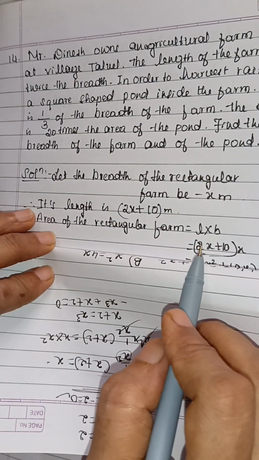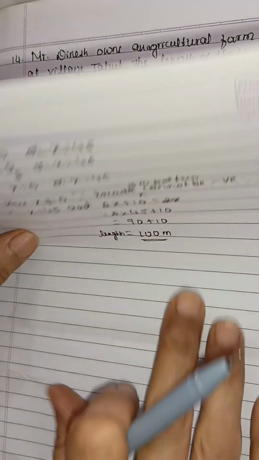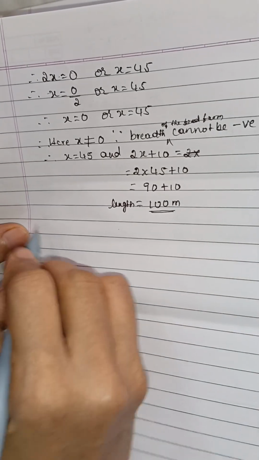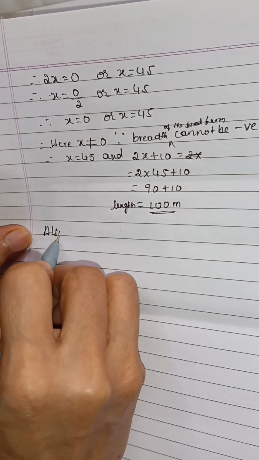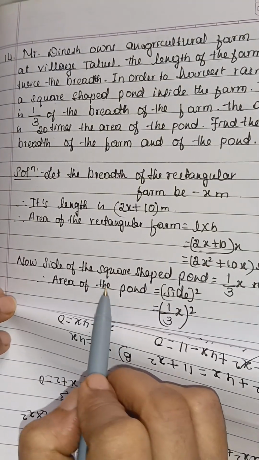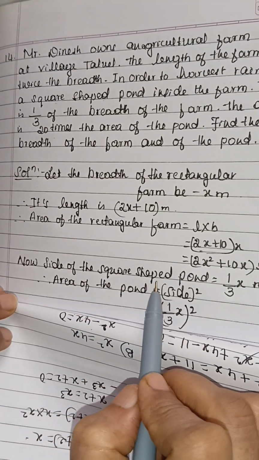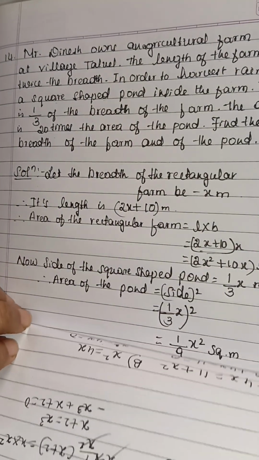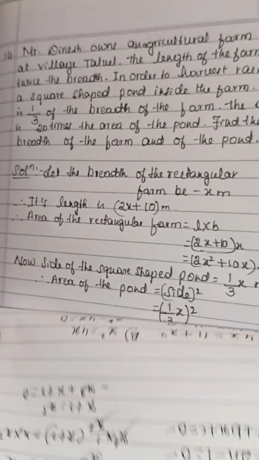Now we have to find out the side of the pond. What is the side of the pond? Pond, that is 1 by 3x, no?